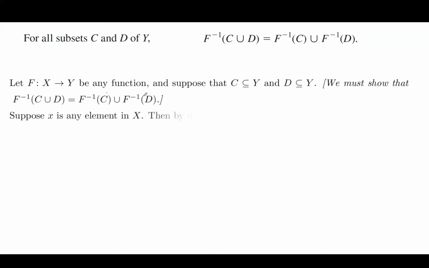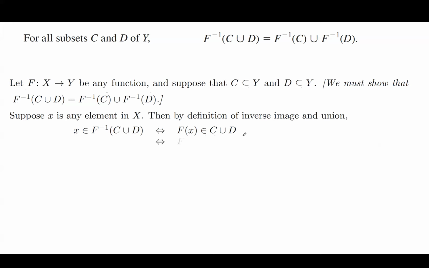Remember the definition of inverse image. It's all x values. So suppose x is an element in X. By definition of inverse image and the union, x belongs to inverse image of C union D. It means that f of x belongs to their union.